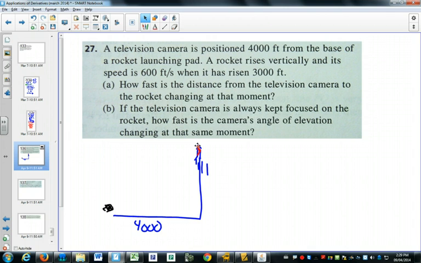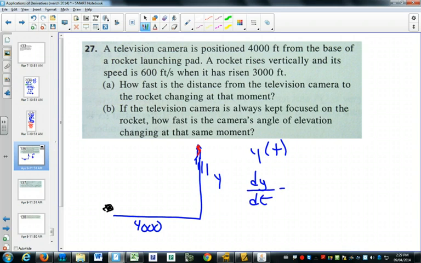All right. Well, now that we've cleared that up, here's our picture. So we know that this is our y, and y is a function of time, and dy/dt, how much it's going up, is 600 feet per second.